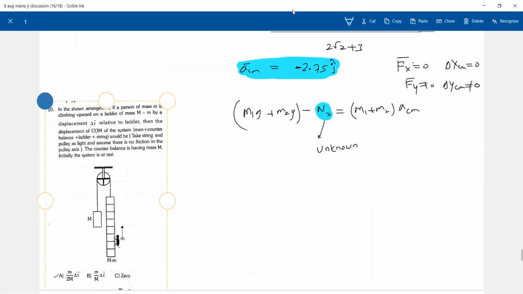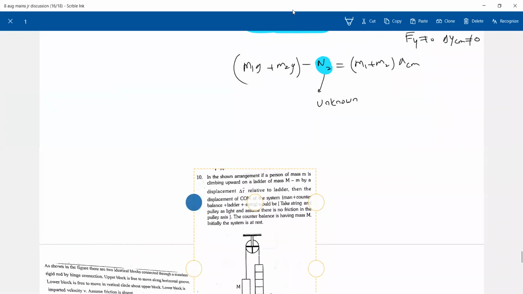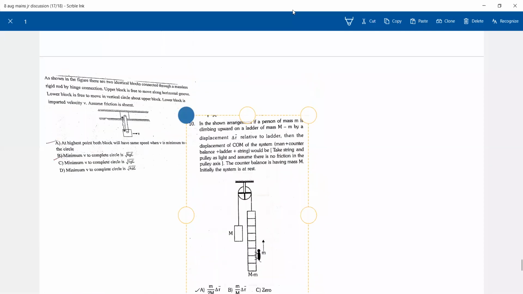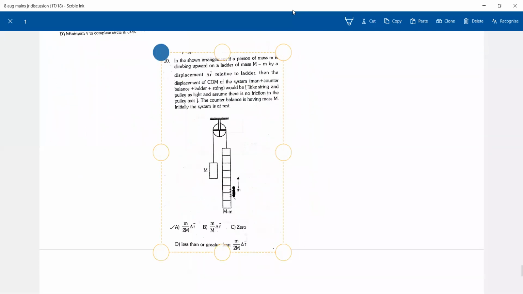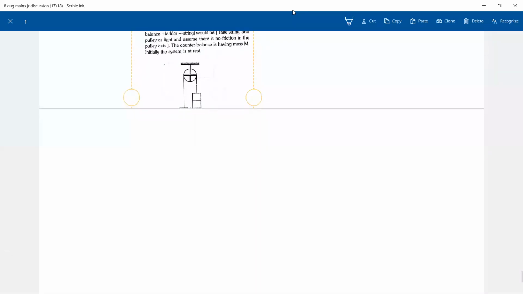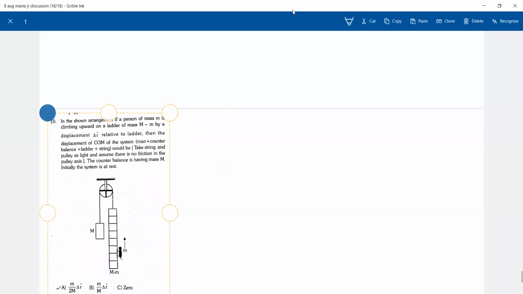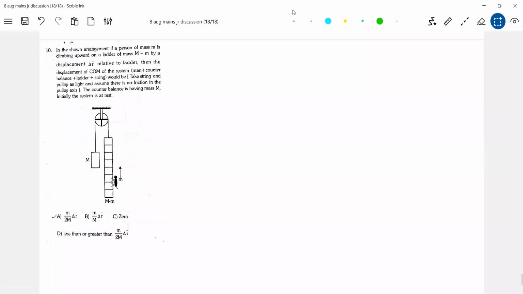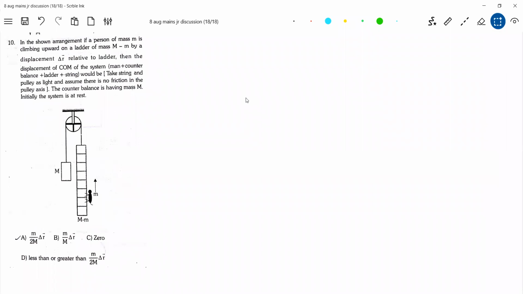Okay, now we'll take the next one. Read the question. There's a ladder on one side, a person of mass m.